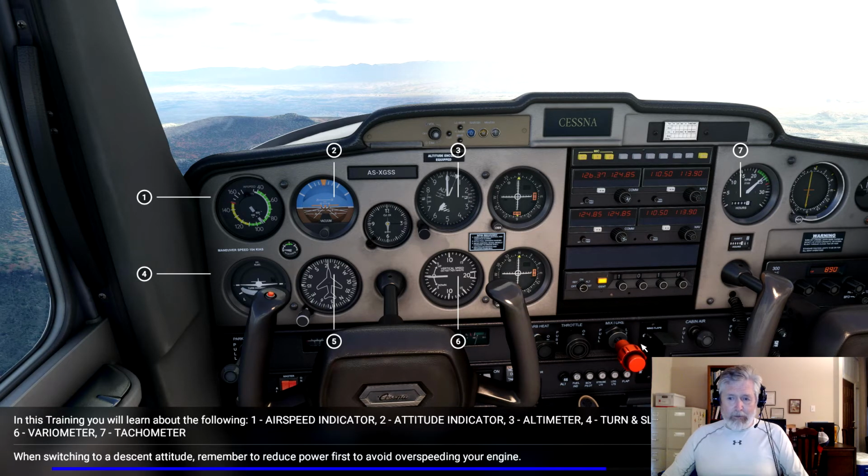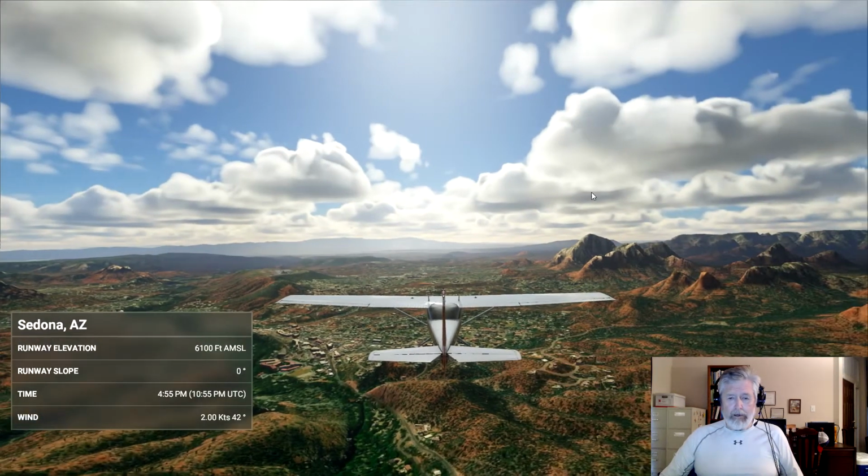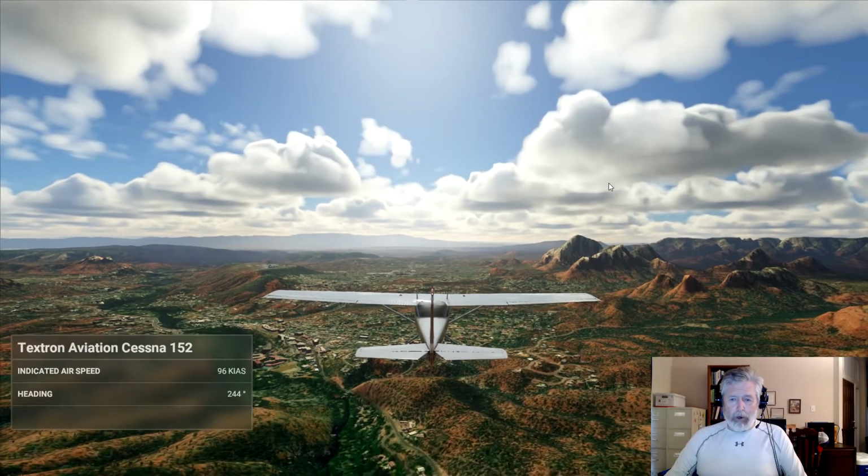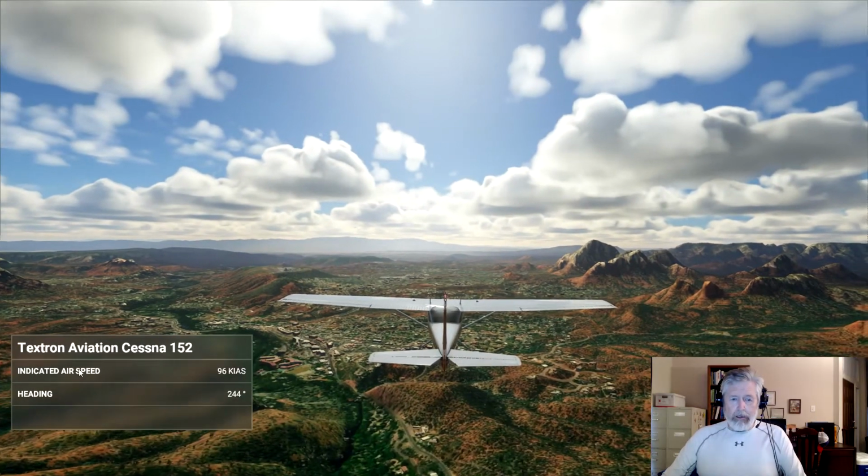It'll take just a moment or two more to get in the airplane, so I'll pause for a moment until we get there. All right, so here we are in Sedona, Arizona, paused above the city.